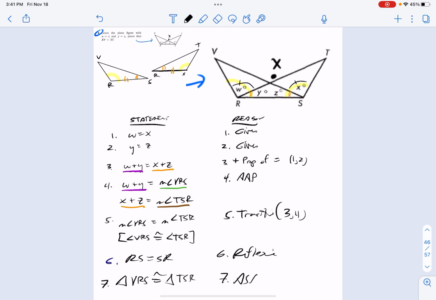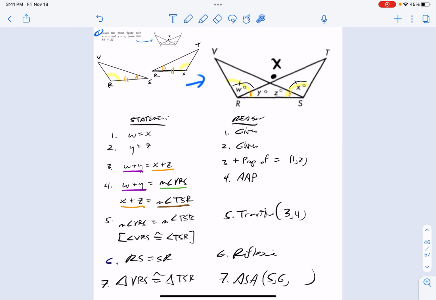Let's really make sure all the information is there. I'm going to be very careful of seeing, do I say all of these things to fill in my reference numbers? Where did I say that this angle, VRS, matches this angle, TSR? I said it in number 5. Where did I say that RS matches SR? I said that in 6.